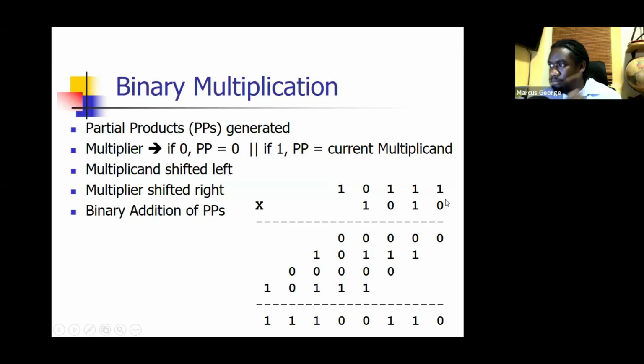If it's 1, then the partial product is equal to the multiplicand at that instant. After we calculate the partial product, we shift the multiplicand 1 bit to the left and the multiplier 1 bit to the right, so that we can conduct the next partial product operation. When we finish generating all the partial products, we sum them up together in a binary addition operation.